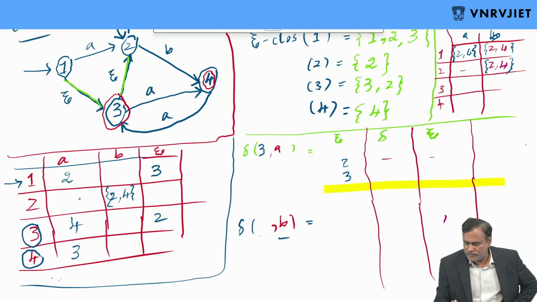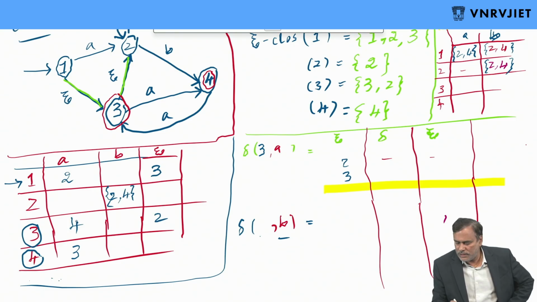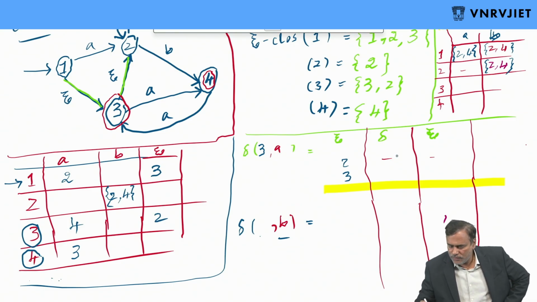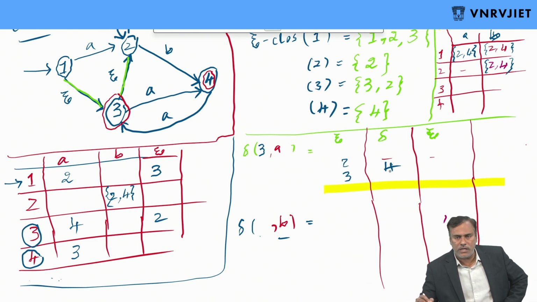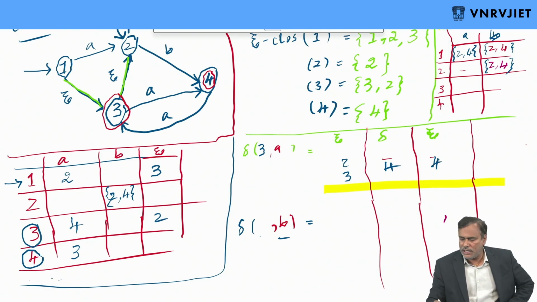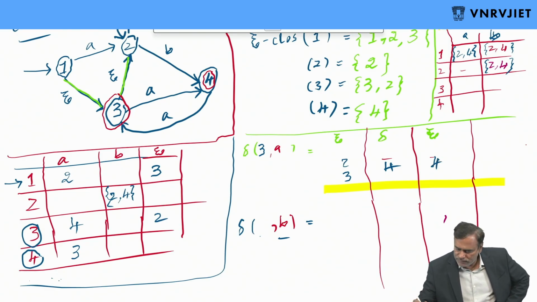So 2, 3 on a, that is blank, and 4. If you take the union of these two, you are going to get 4. Is that clear? 4 you are going to get on a. And then you have to find epsilon closure of 4. We know epsilon closure of 4 is 4 itself. Therefore, delta of 3a is 4 itself.